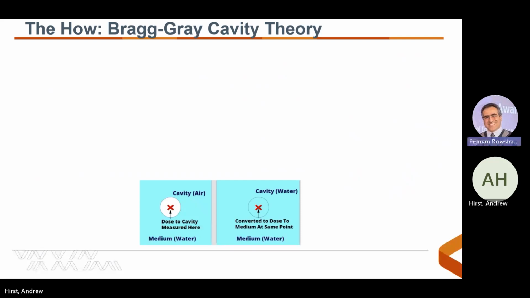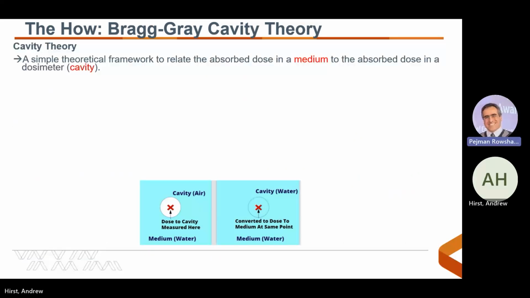So we're dealing with several different issues here. First, water and air are of different density and atomic composition. So there are going to be conversion factors and perturbations involved, which is why there are so many corrections involved.